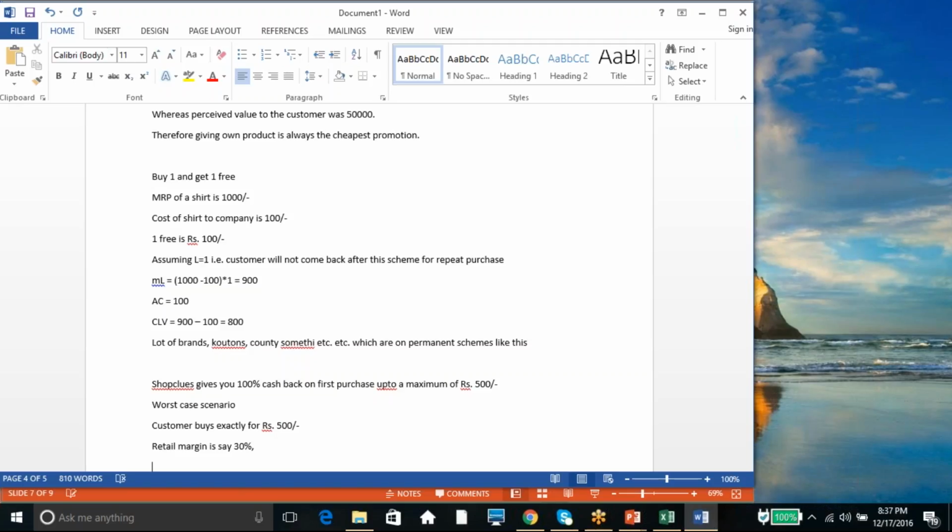So let's look at the whole transaction. Transaction 1, spend 500, get back cash in ShopClose account of 500. Company gets 150 as margin.